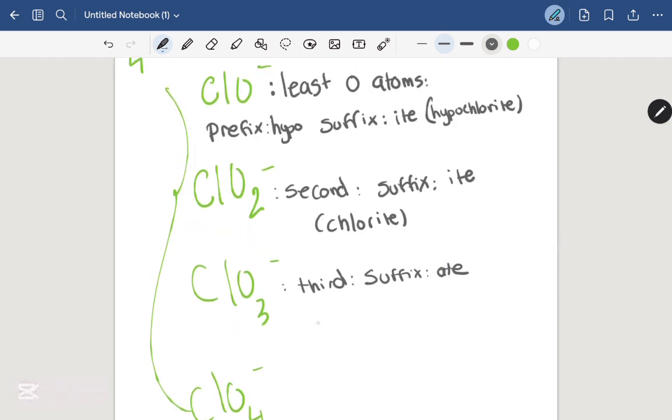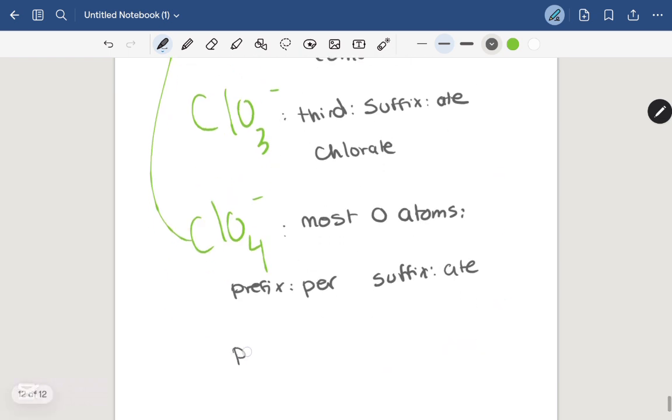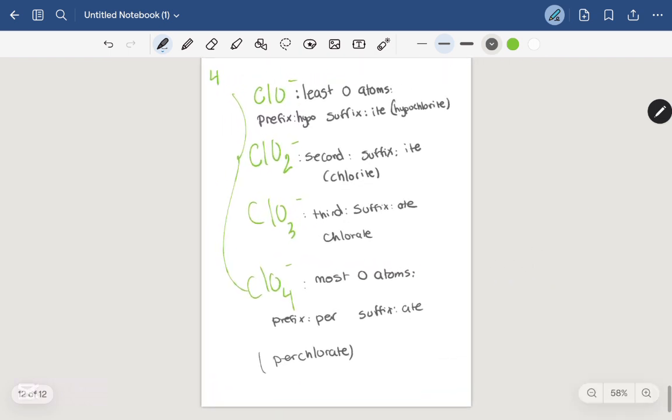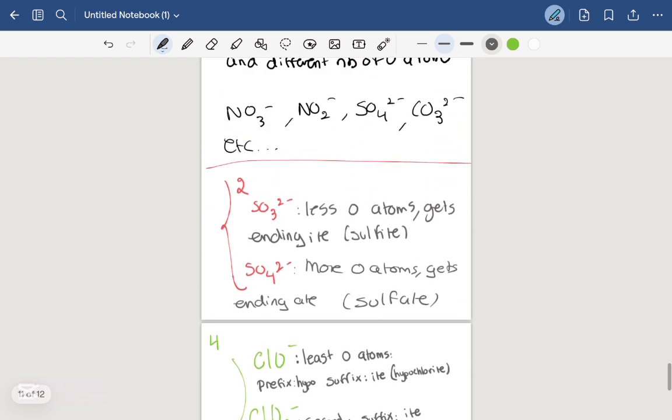So it's going to be chlorate. And then finally for ClO4-, which has the most O atoms, it will get a prefix and a suffix. The prefix is going to be per, and the suffix is going to be ate. So it's going to be perchlorate. Very simply, this is how you name the oxyanion. So remember, you can either have 2 or 4. If you have 2, the least one will get the ending ite, and the most one will get the ending ate.